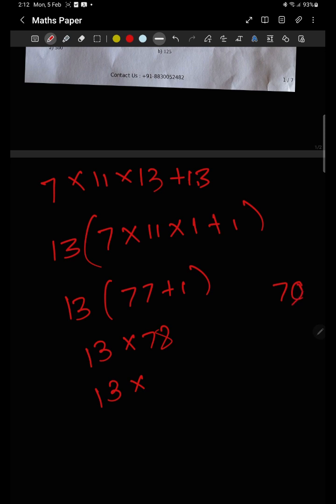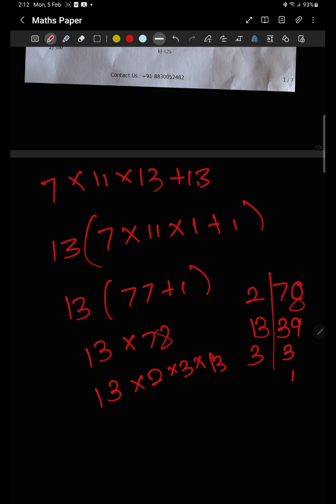If I try to factorize it: 2 thirteens are 26, 3 twos are 6. So 78 also has factors like 2 into 3 into 13.